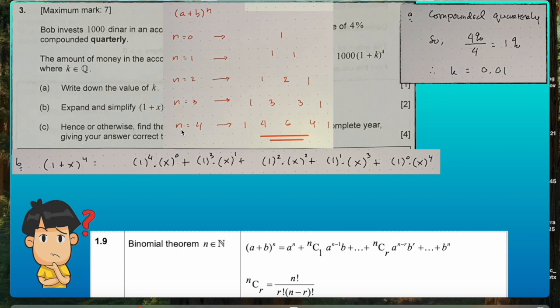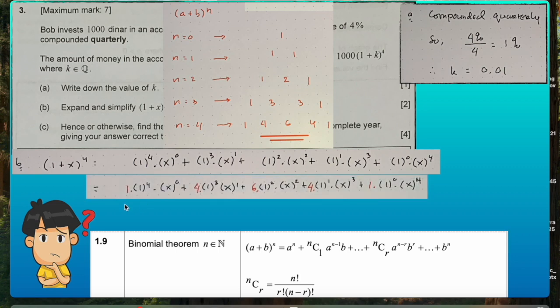So n is equal to 4, and here are the coefficients 1, 4, 6, 4, 1. Let's put these into this expansion like so. All right, so we have 1, 4, 6, 4, 1, and then we'll simplify. So there you go. That's the answer for number 3B.